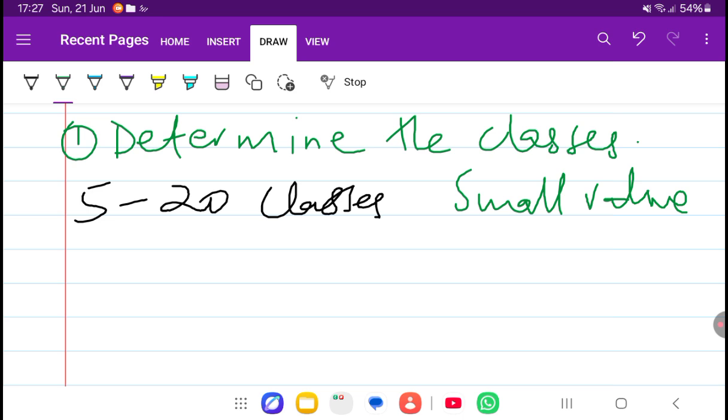Because if they give you data that has maybe 1, 2, 3, and you pick a class that starts at 5, maybe 5 to 10, you have skipped some data. That's why if they have given you this, it is better you start maybe with 1 to 5, so that even the smallest value in the data set is included. So it is very important for you to include the smallest value in the first class that you are creating.